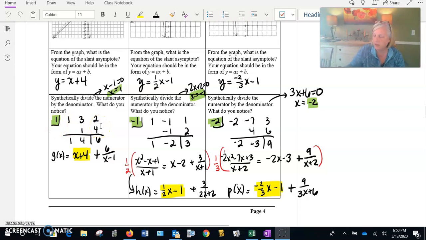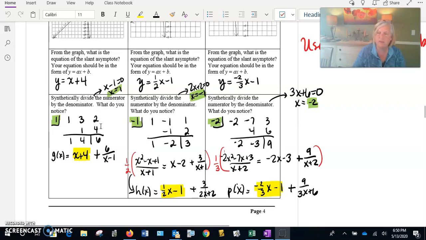But I'm going to remind you that synthetic division requires, maybe I should write this over here on the side, synthetic division, you can use synthetic if you're dividing by x plus a.